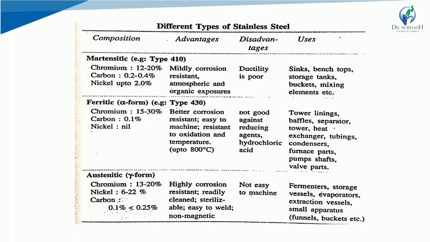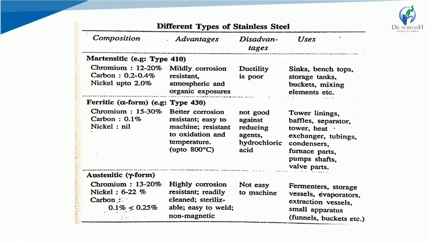Composition: generally there are three types. Martensitic, for example type 410. You need not remember all of them from your exam point of view. Martensitic contains chromium, carbon, nickel. Ferritic, that is alpha form, contains chromium, carbon and nickel, but in varying composition from the first one.